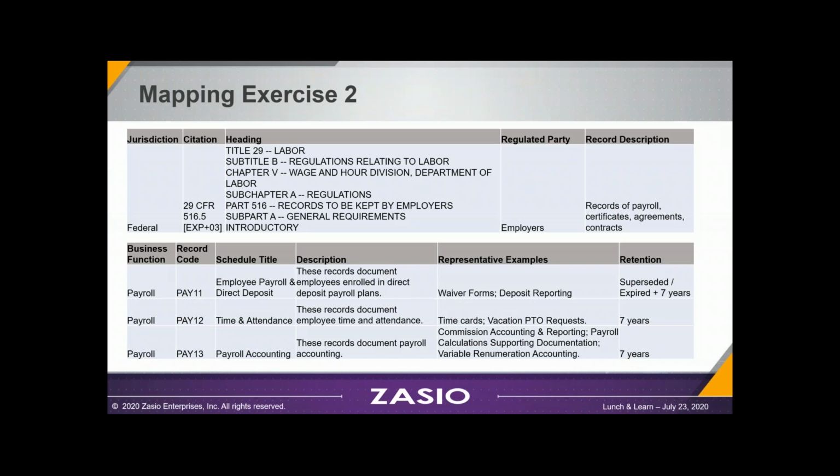So you would definitely want to consider it within that payroll function and link to those record series where it's most relevant. This isn't a time and attendance requirement per se. Those are kind of their own beast. You see those at the federal level, and you also see those at the state level. So the language of the description isn't super on point for the time and attendance record. But with regard to employee payroll and direct deposit and payroll accounting, I think those would be good places to really consider this.